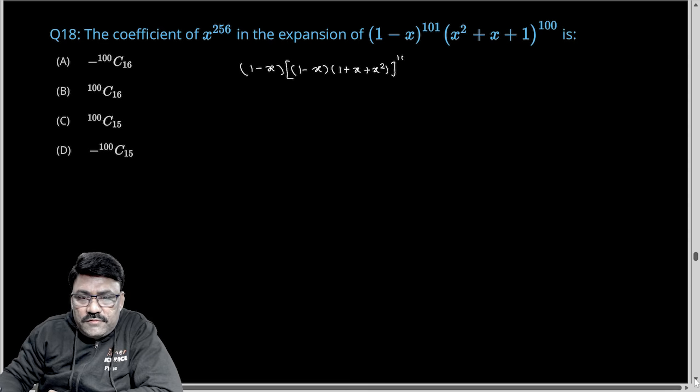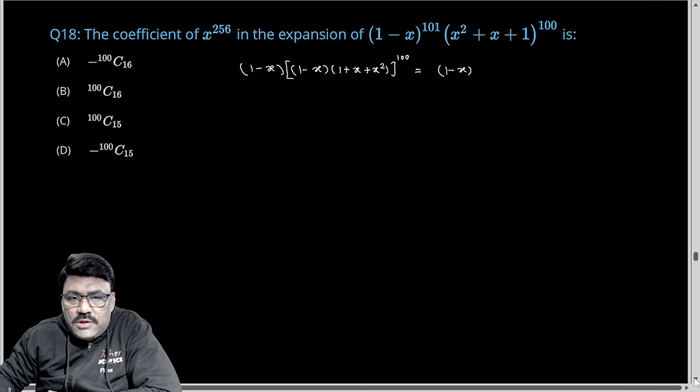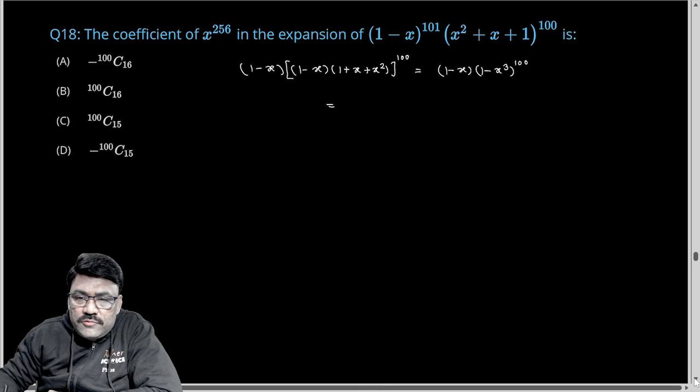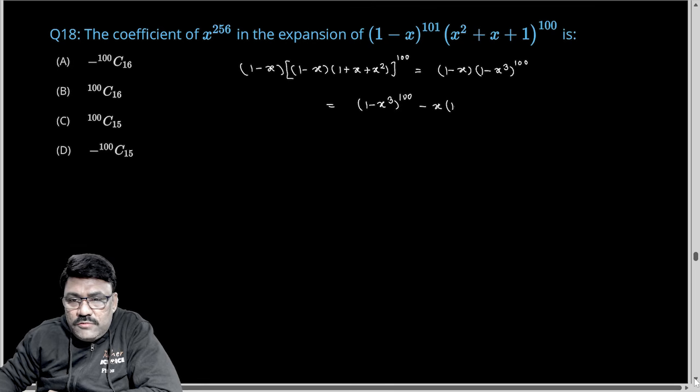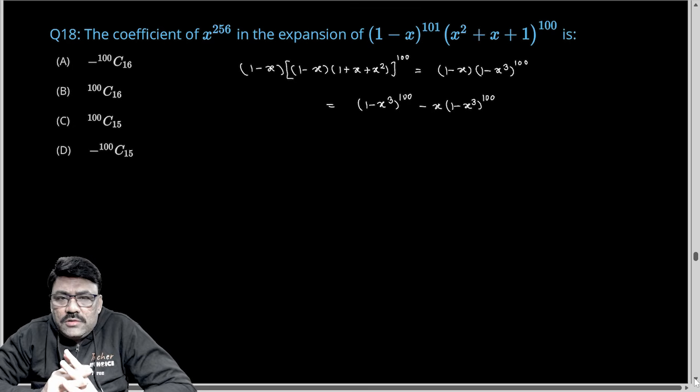Now 1 minus x multiplied with 1 plus x square becomes 1 minus x cube raised to 100. So ultimately it becomes 1 minus x cube raised to 100, and minus x into 1 minus x cube raised to 100.